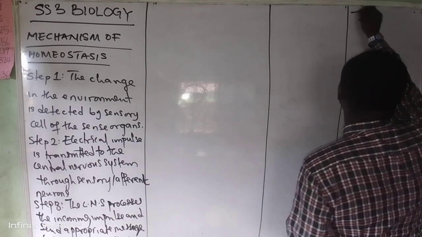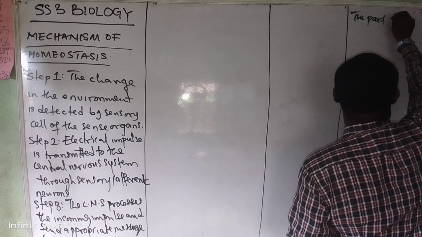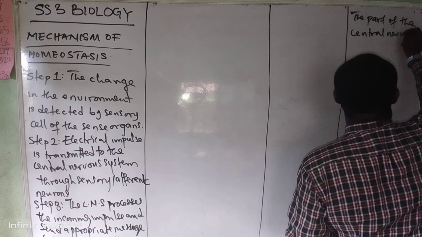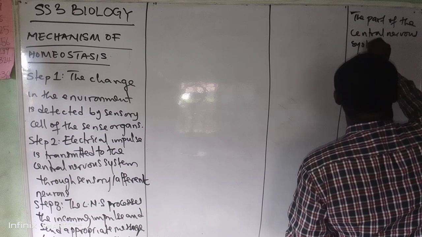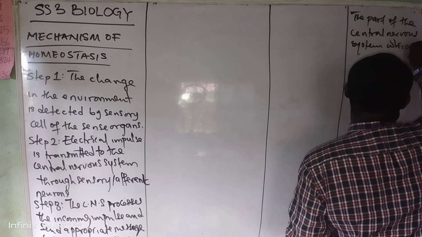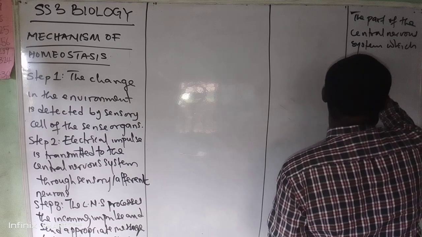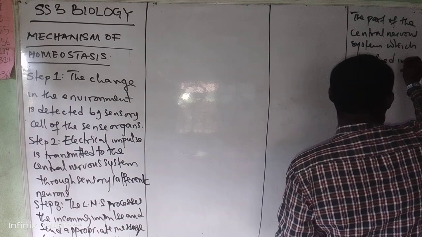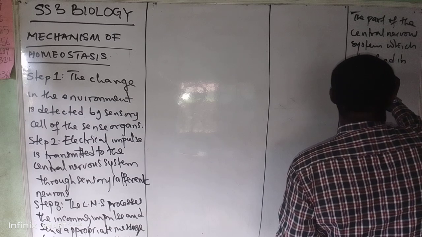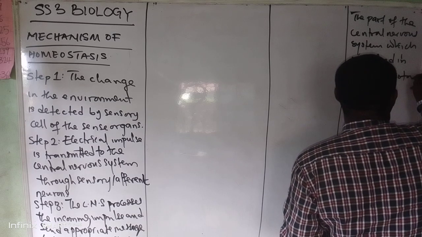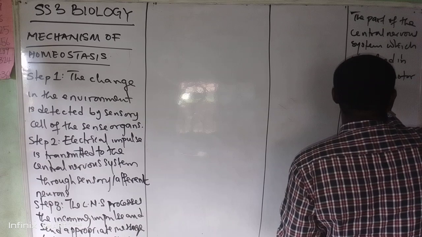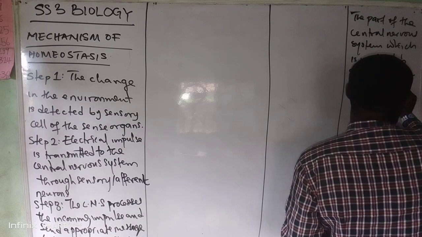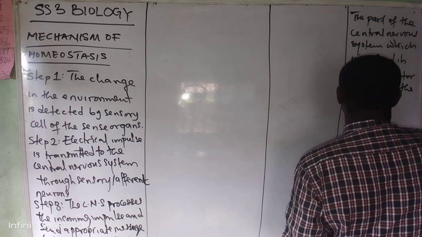But I want to tell you that the part of the central nervous system which is involved in sending the motor message is the hypothalamus.